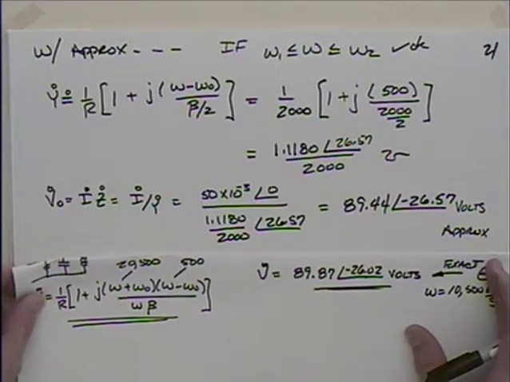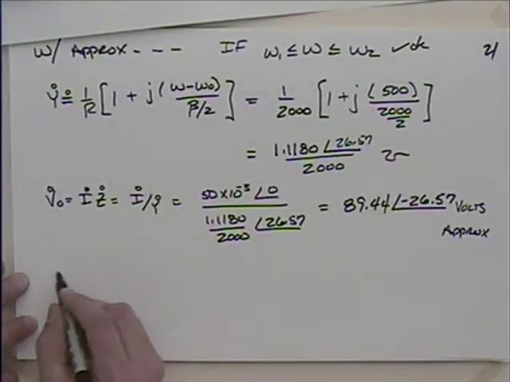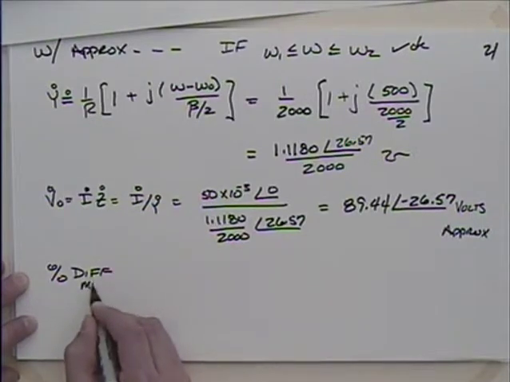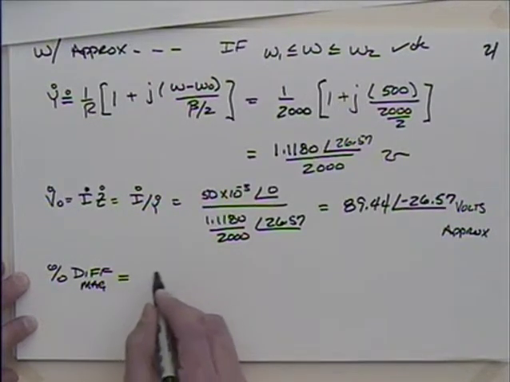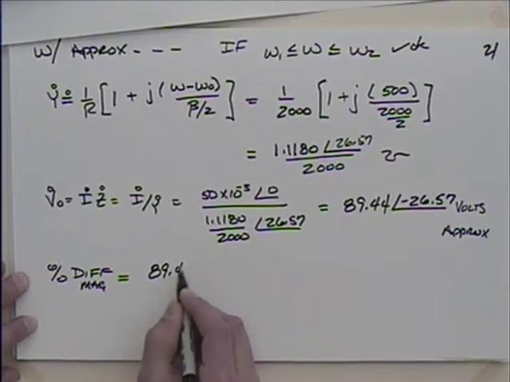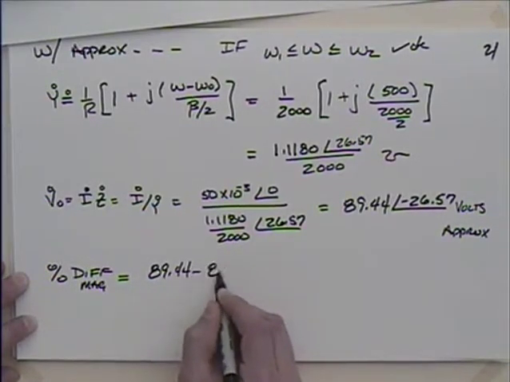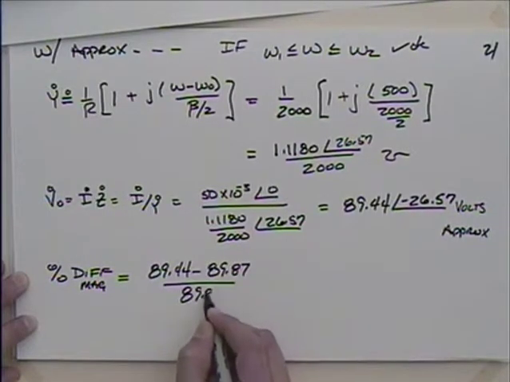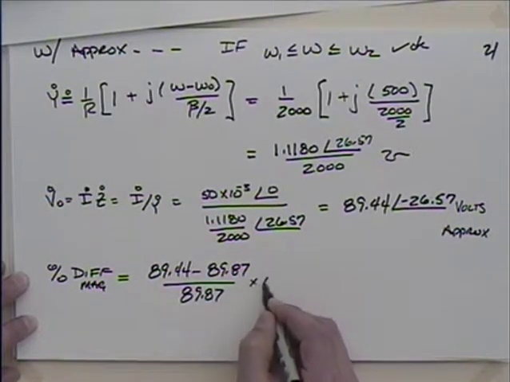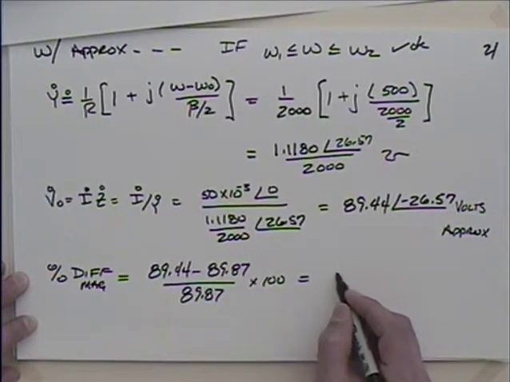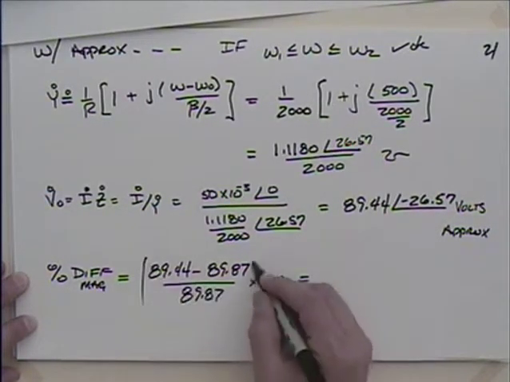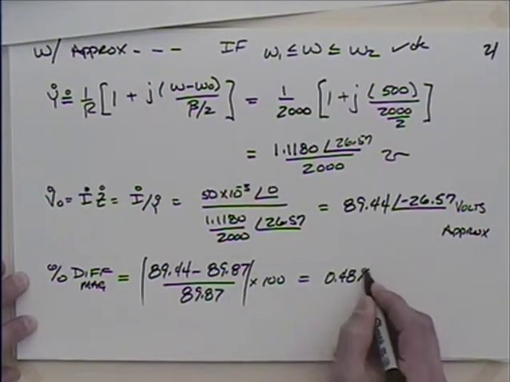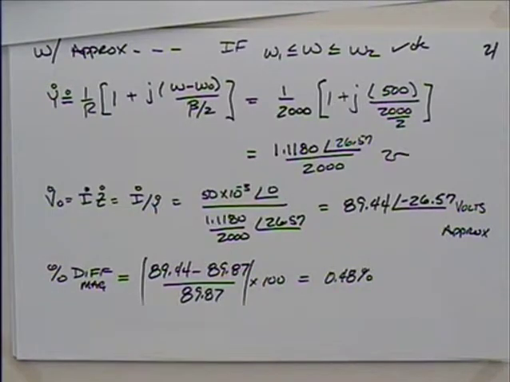If I just look at the difference in the magnitudes, so percent error or percent difference in the magnitudes, we're going to have 89.44 minus 89.87 divided by 89.87 times 100, which gives me about, I guess I'll take the absolute value of that. There we go. 0.48%. So less than 0.5%. So it's not too bad.